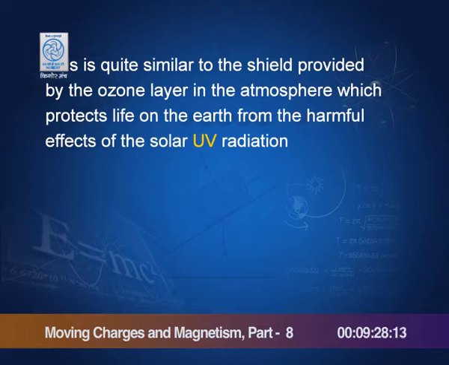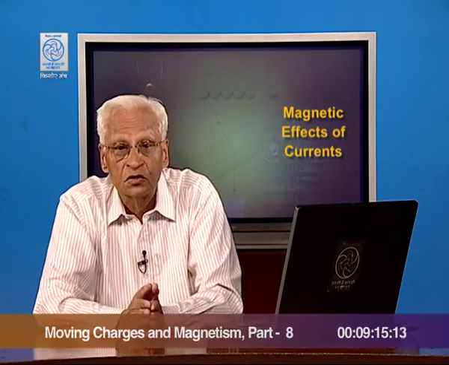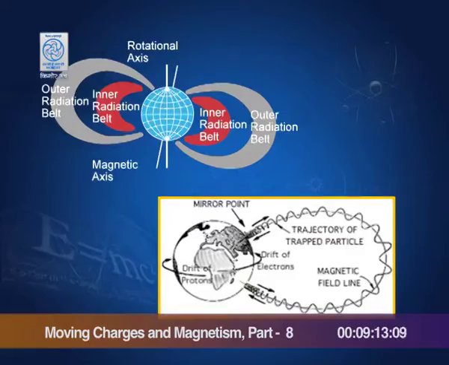This is quite similar to the shield provided by the ozone layer in the atmosphere, which protects life on the earth from the harmful effects of solar UV radiation. This you know, but perhaps you did not know that the magnetic field also serves a very important purpose of preventing the high energy particles from coming and hitting us.